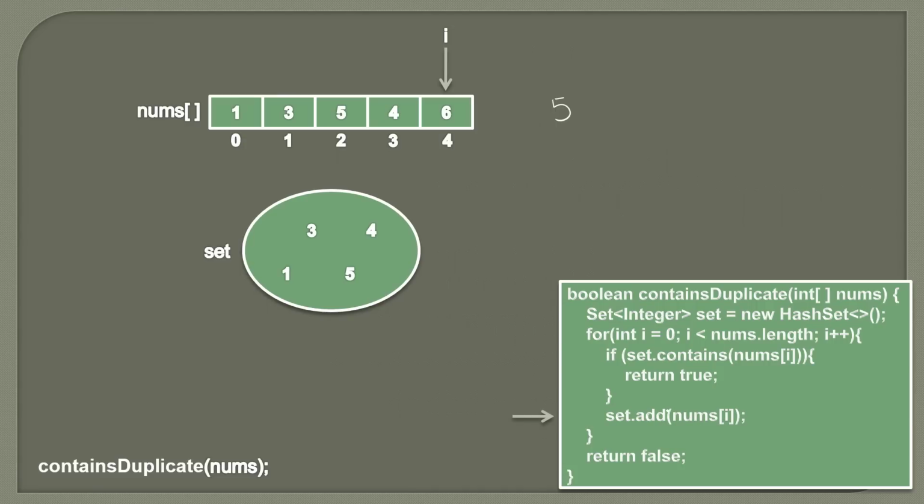So we simply add 6 into the set. Now when we increment i, it becomes 5. And 5 is not less than 5, so this for loop will terminate. So at the end we directly return false, stating that our array doesn't contain duplicates. It contains unique elements.